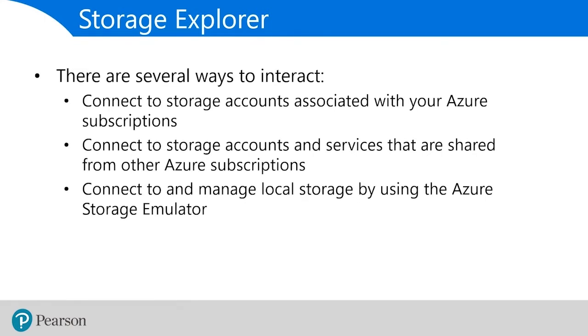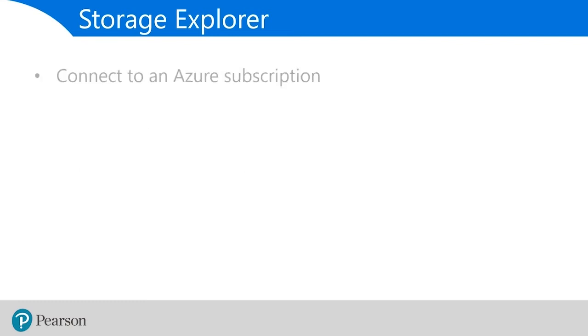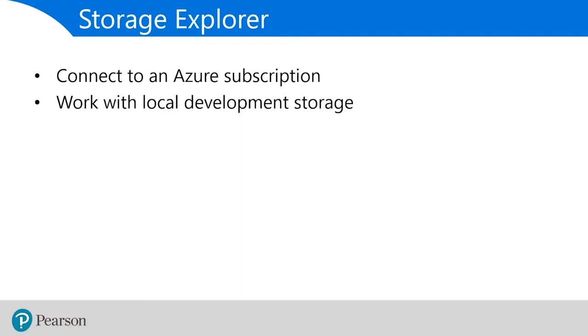There's several ways to interact. You can connect to storage accounts associated with your Azure subscriptions. We saw that in the previous sub-lesson. You can connect to storage accounts and services that are shared from other Azure subscriptions. And you can connect to and manage local storage by using the Azure Storage Emulator. Also, you can work with storage accounts in global and national Azure by connecting to an Azure subscription, managing storage resources that belong to your Azure subscription, working with local development storage, managing local storage by using the Azure Storage Emulator.